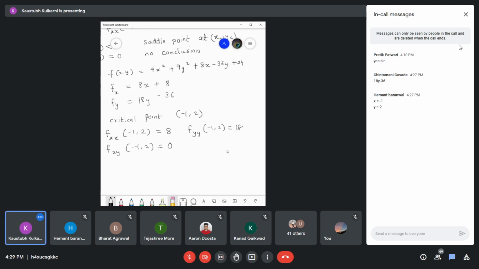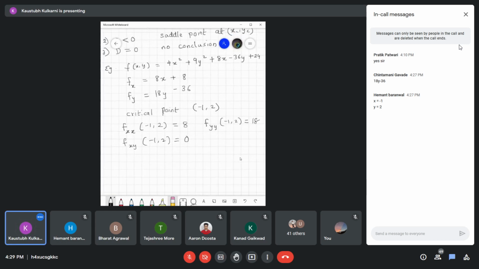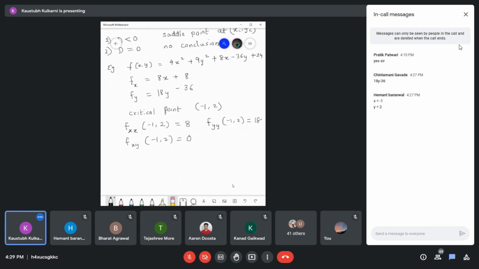Okay, so D is f of xx into f of yy minus f of xy square. Everywhere you have to write -1 comma 2, at the point -1 comma 2.